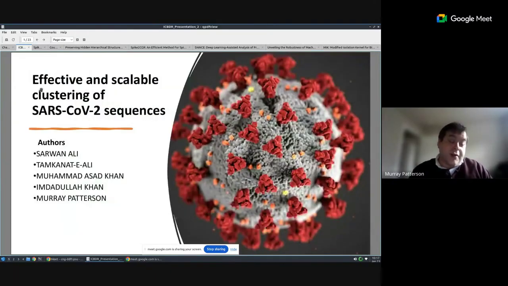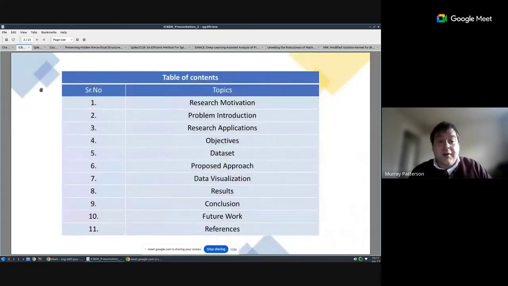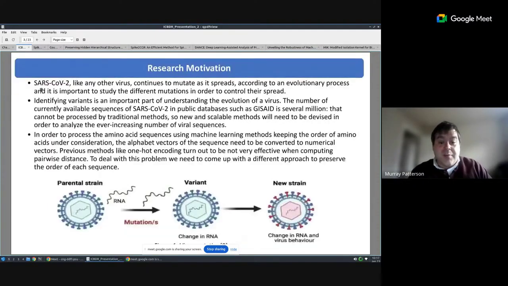This is just a clustering approach, but it's the first proof of concept of machine learning being applied to the sequences. So I'll zip through the motivation.